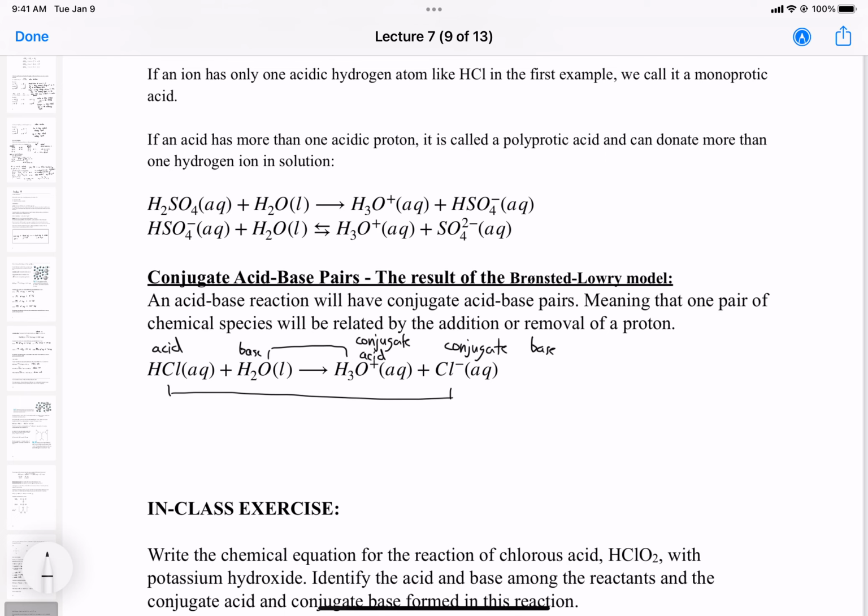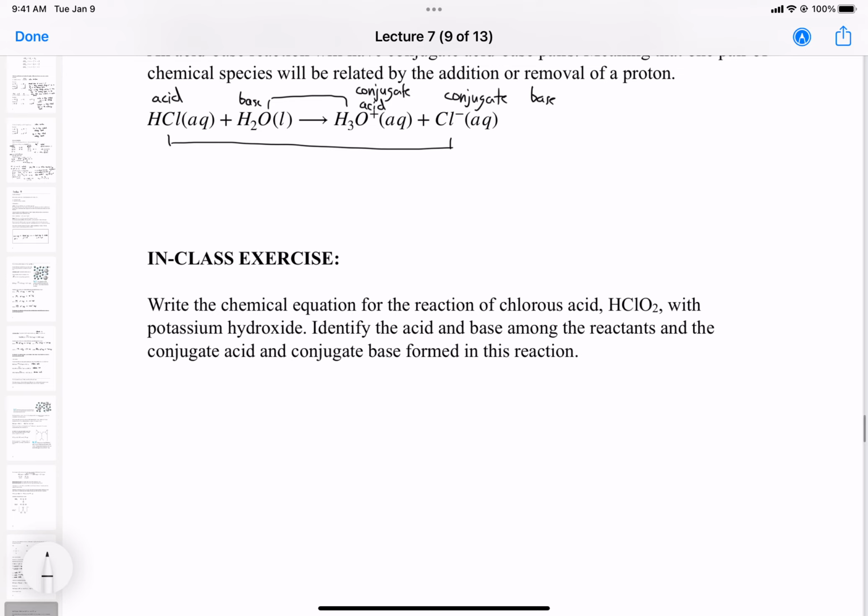Now, let's do another exercise here. Write the chemical equation for the reaction of chlorous acid, so HClO2, with potassium hydroxide. We're going to identify the acid and base among the reactants, and then the conjugate acid-base pairs that are formed in this reaction.